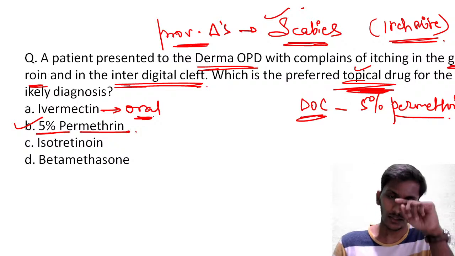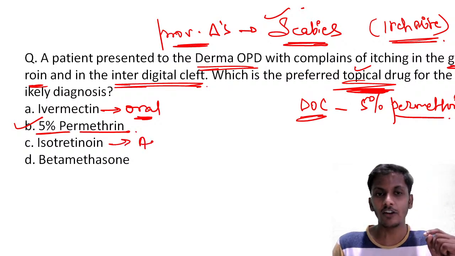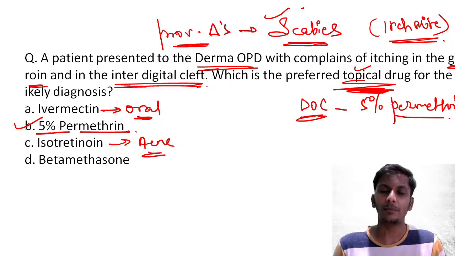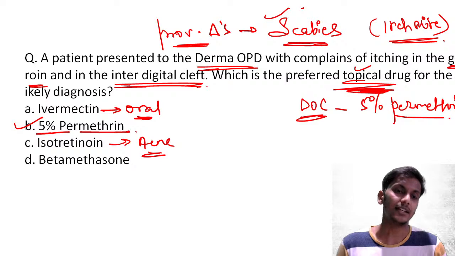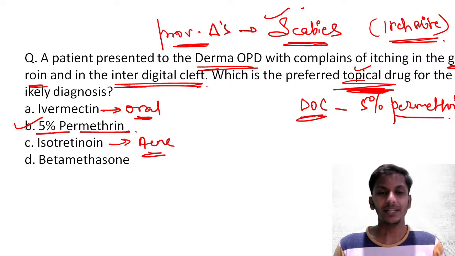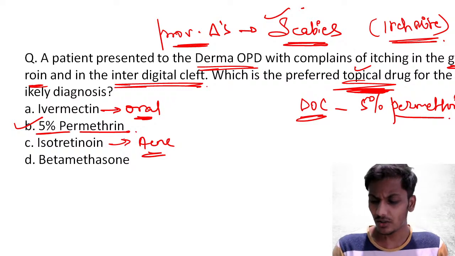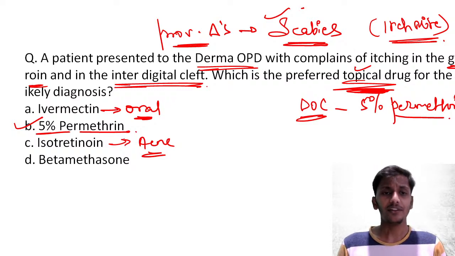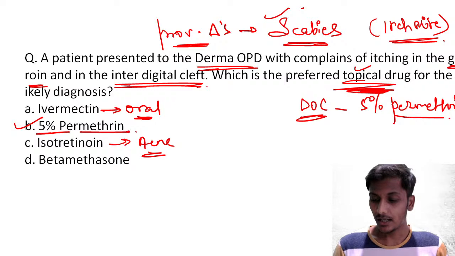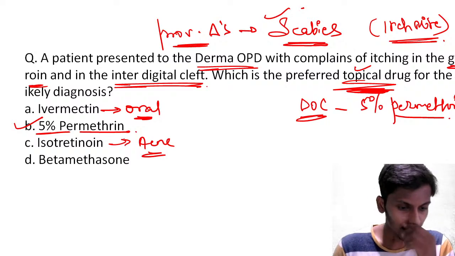Isotretinoin is used in cases of acne, you may have read in acne vulgaris. Betamethasone is the steroid which is also applied topically in acne and other fungal infections also. I hope now this is very much clear to you. Now moving on to our next question guys.